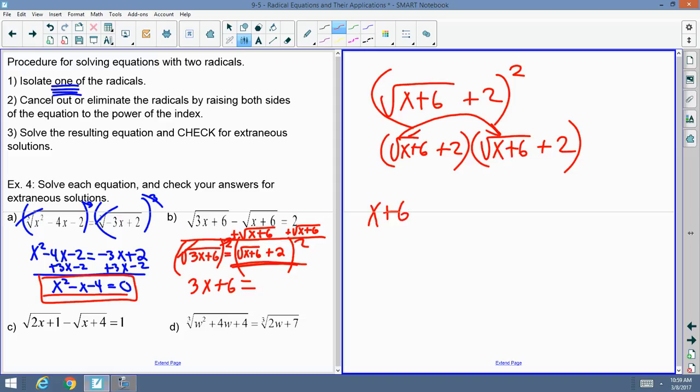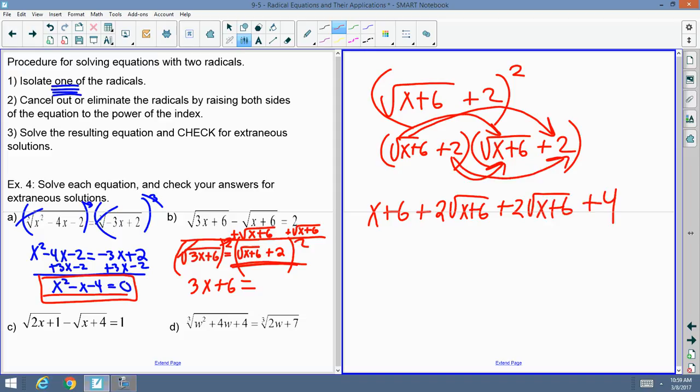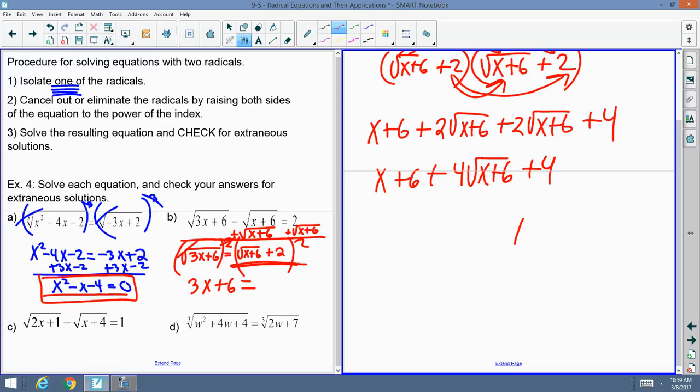Square root of x plus 6 times 2 is 2 square root of x plus 6. 2 times square root of x plus 6 is 2 square root of x plus 6. 2 times 2 is 4. So now this would be x plus 6 plus 4 square root of x plus 6 plus 4, which cleans up to be x plus 10 plus 4 square root of x plus 6, and that equals 3x plus 6.